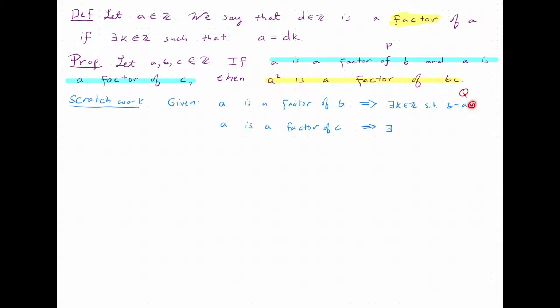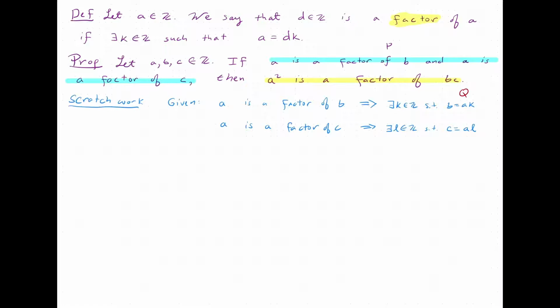And so instead we want to say some other symbol. So let's choose L such that c is equal to a times L. Notice, if I had chosen k here, we would be saying that c is equal to ak and b is equal to a times k, so therefore b must be exactly c. And so we do want to make sure that we change the symbol.